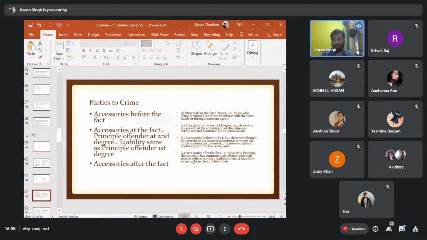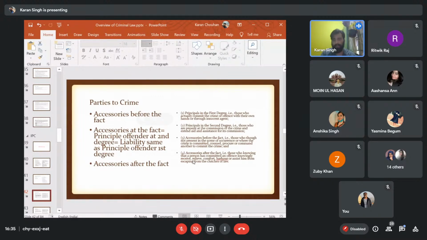What is abatement? Abatement is basically when you ask someone to do a crime. So you are an abettor, and the law defines that party as an abettor. An abettor is someone who is asking someone else or instigating some other person to commit a crime. That is provided in Section 108.